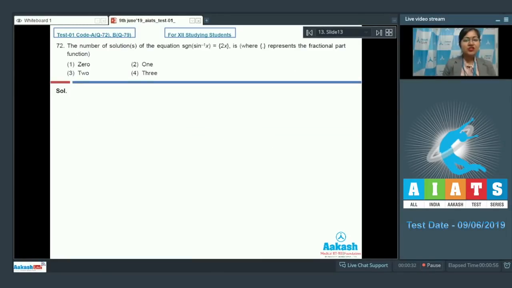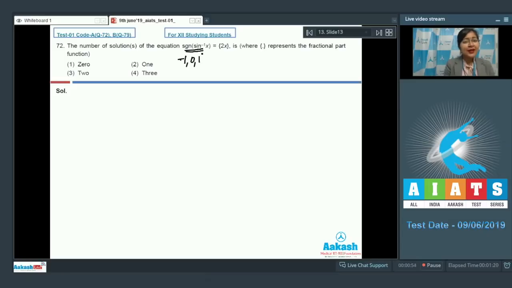Now let's discuss question number 72, which says that the number of solutions of the equation signum of sin inverse x equal to fractional part of 2x is. A very simple question. On the left hand side we have a signum function which can take the values -1, 0 or 1.